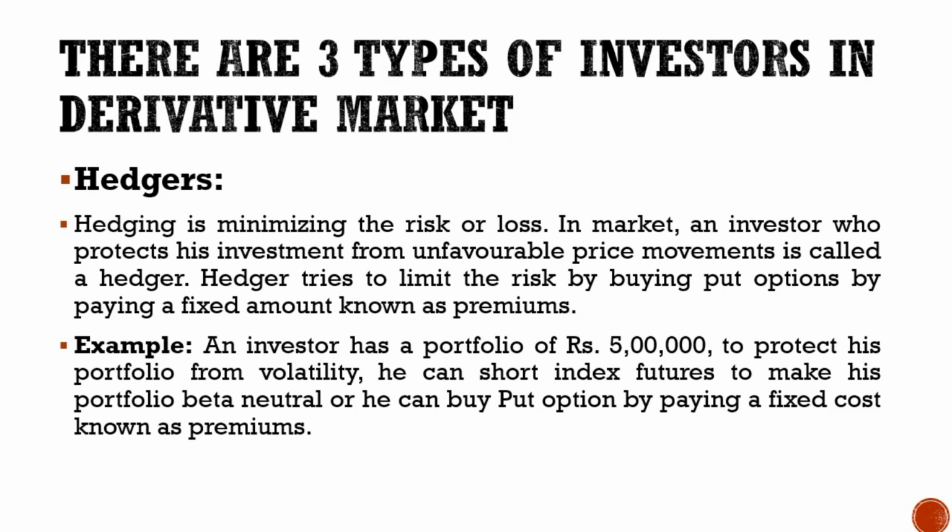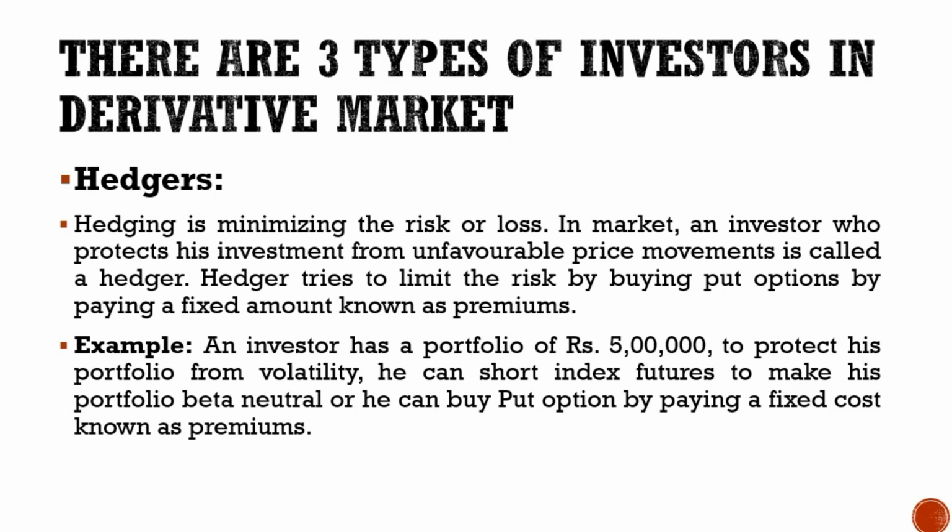For example, an investor has a portfolio of rupees 5 lakhs. Now to protect his portfolio from volatility, he can short index futures to make his portfolio beta neutral, or he can buy a put option by paying a fixed cost known as premium.